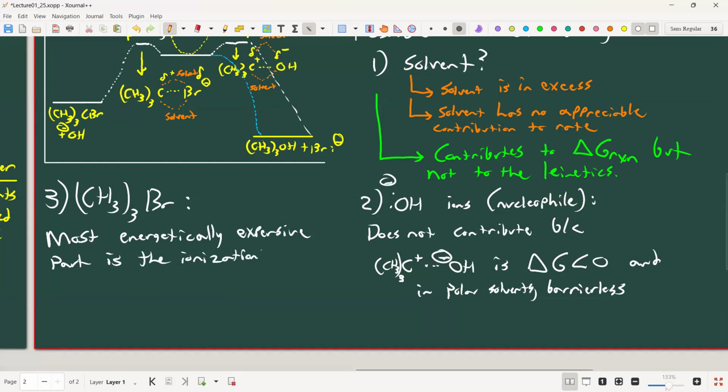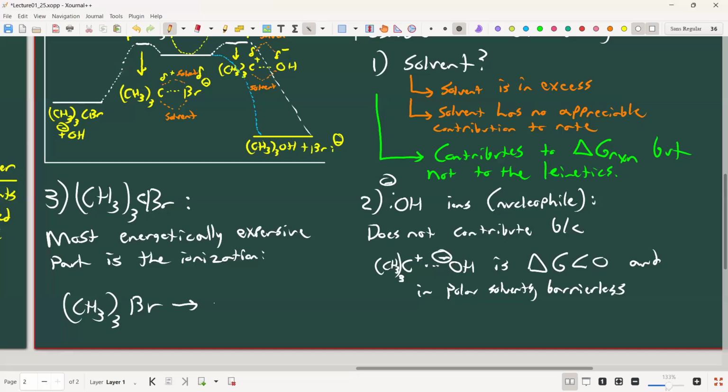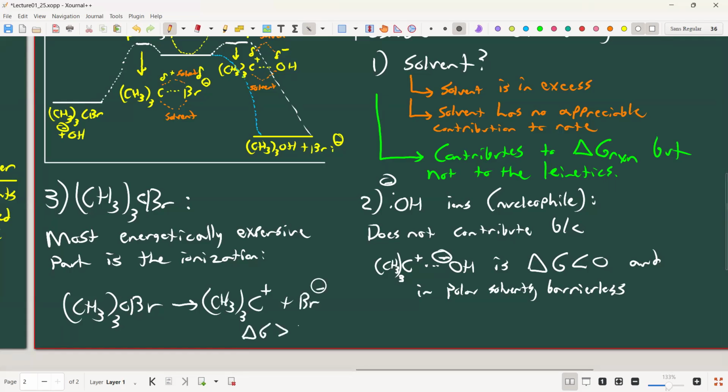Because (CH3)3C-Br, sorry, I forgot the carbon, going to t-butyl cation plus Br minus has a delta G greater than 0. It's the only thing that's costly in here, right?